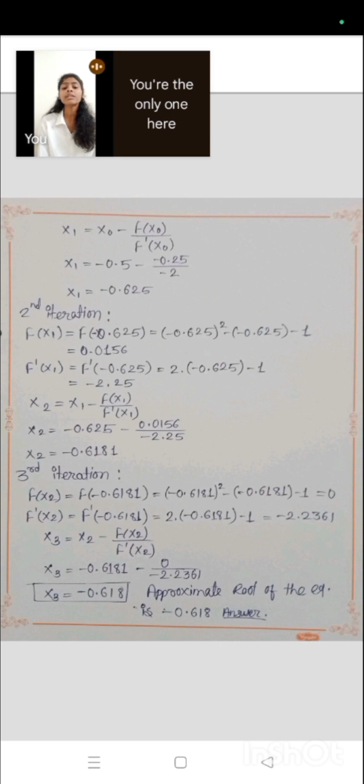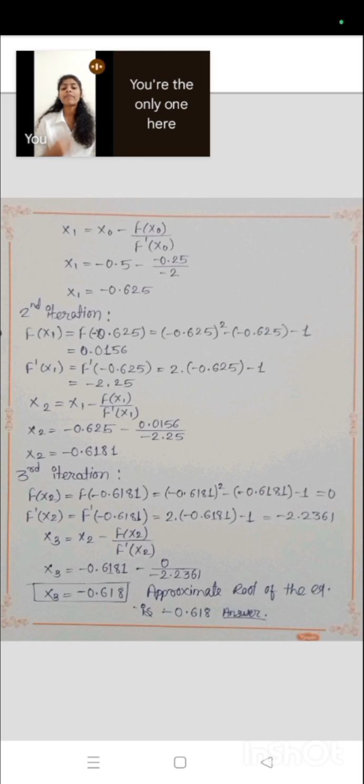So here we write x3 is equal to x2 minus f of x2 upon f dash of x2. So here we can write x3 is equal to x2 value, minus 0.6181, minus f of x2. So f of x2 value is 0 and f dash of x2 value is minus 2.2361.